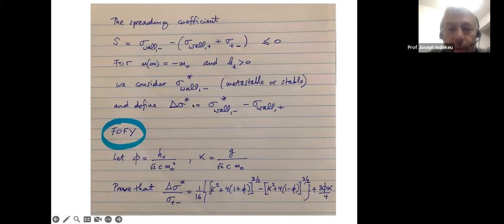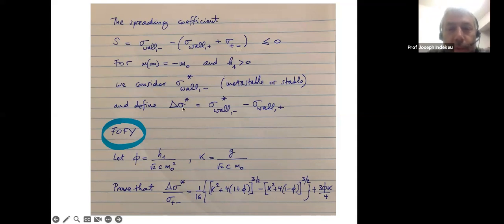As long as this delta gamma star, which is this difference, is less than the sigma plus minus, we have a negative spreading coefficient, and therefore we have a non-wet state, because this difference then would be less or equal than sigma plus minus, which comes on this side.